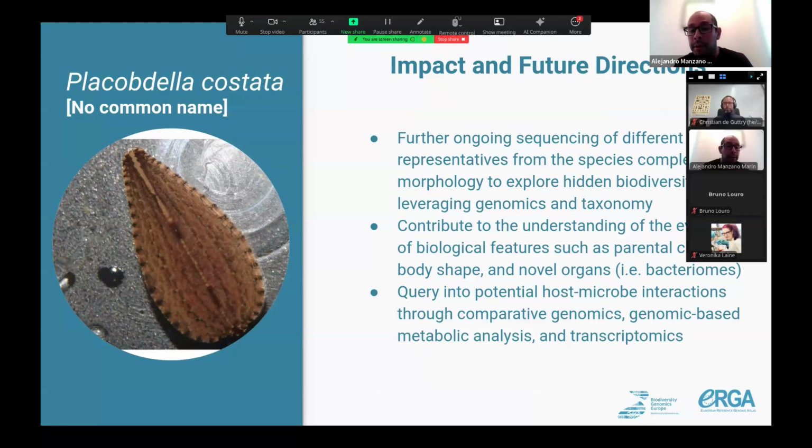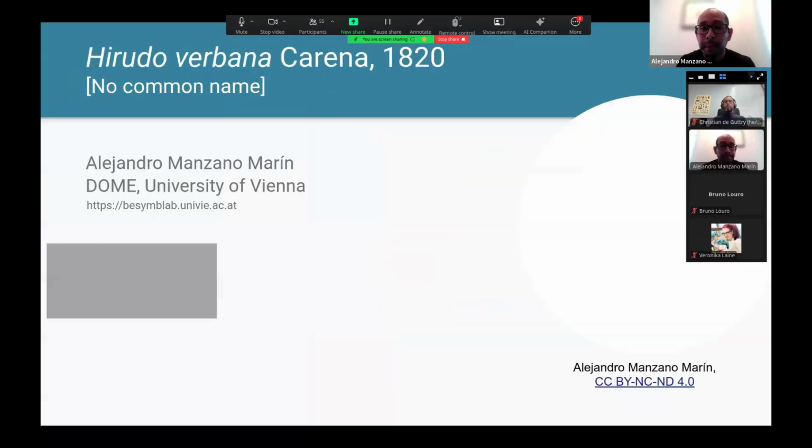It's going to also contribute to the understanding of the development of biological features such as parental care and body shape, but also the novel evolution of organs such as the bacteriome, along with microscopy and a lot of micro-CT studies, and also potential host-microbe interactions and metabolites that might be shared with its symbiont to try to control this production of B vitamins after feeding.